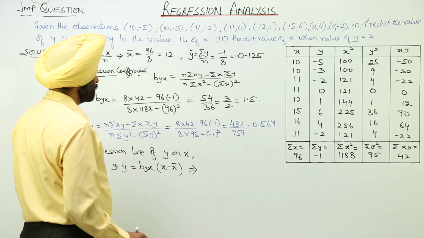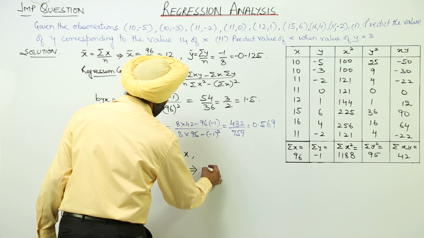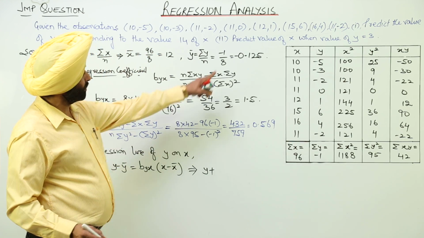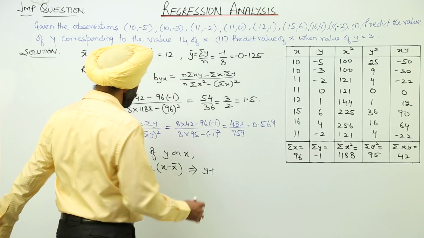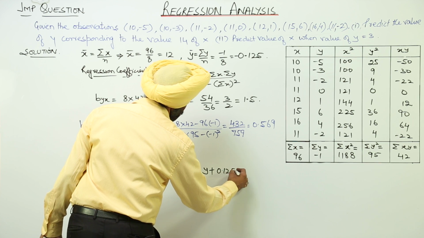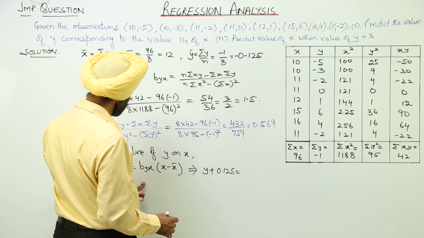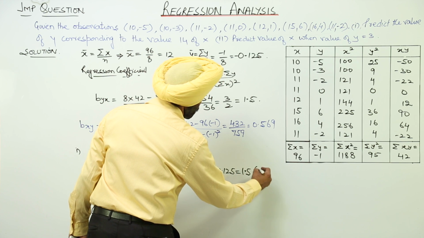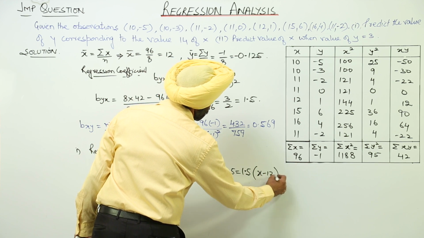Now here let us put the values. y plus 0.125, because y mean is negative 0.125, is equal to byx 1.5 times x minus 12.